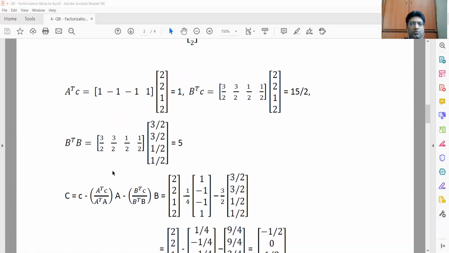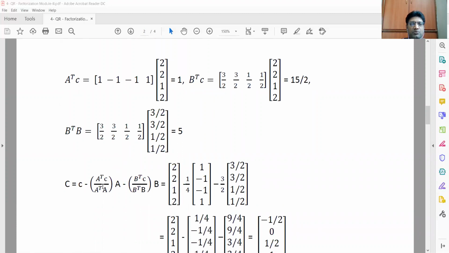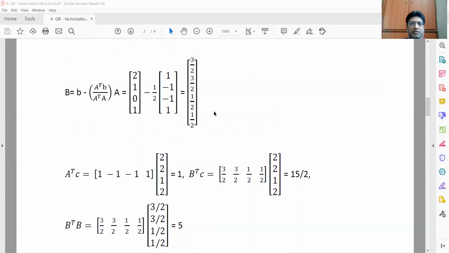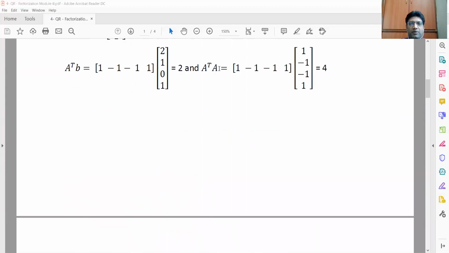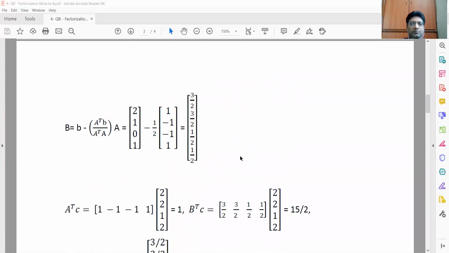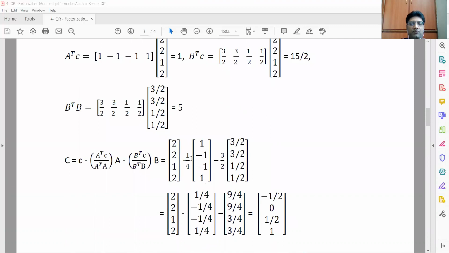Now these three are available, so we use the formula C equals C minus A transpose C by A transpose A times A minus B transpose C by B transpose B times B. C is 2, 2, 1, 2, minus A transpose C, which is 1, by A transpose A, which is 4, so 1 by 4 times A, minus 15 by 2 by B transpose B, which is 5.